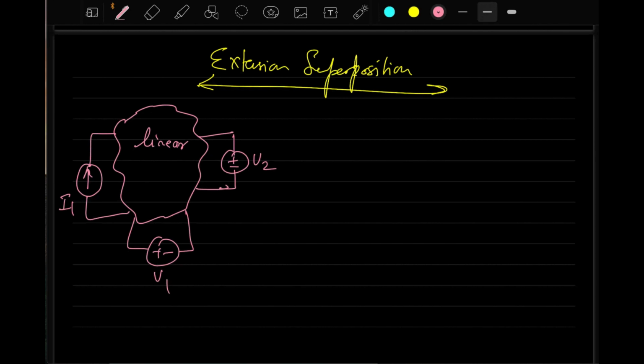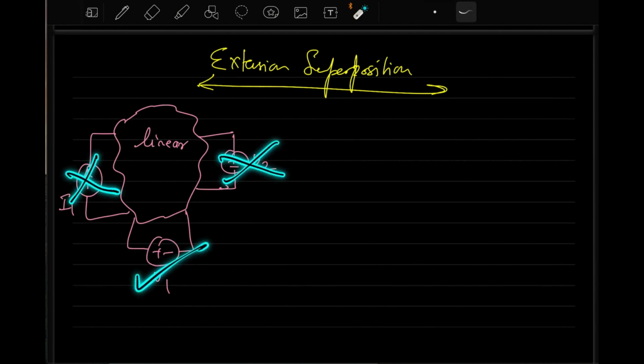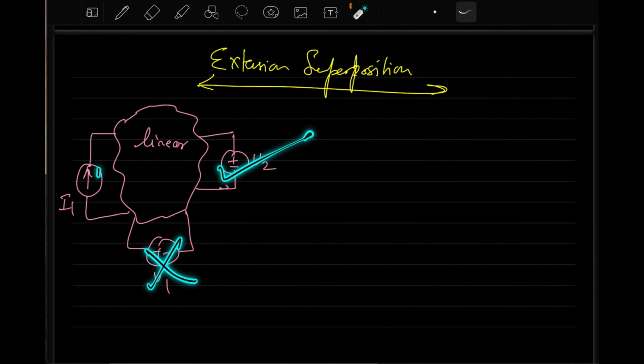So what I'm trying to say here is, we can actually solve this circuit which is on the left side by individually acting these current sources and voltage sources and shutting down the other ones, as we have already discussed. That is, we will put only this I1 and keep V1 and V2 off, then keep only V1 and put these two off, and in the third case put only V2 and keep the other two off.